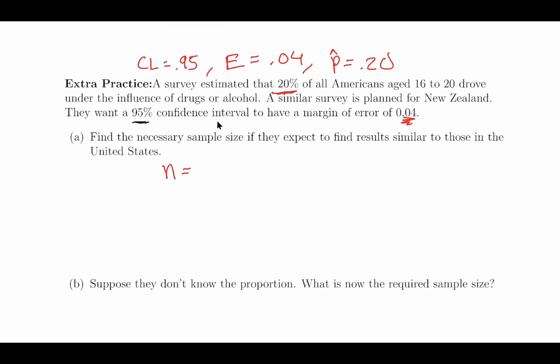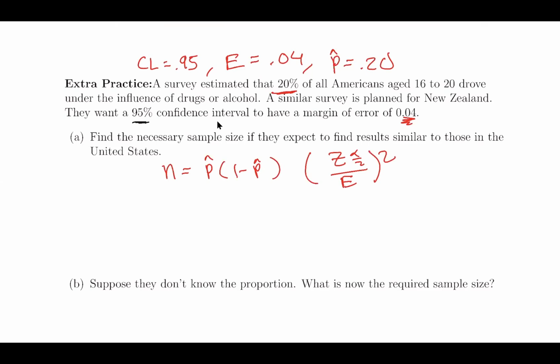Cool. So you want to use the one where we know it. So we use p hat times 1 minus p hat times z alpha divided by 2, divided by margin of error squared.